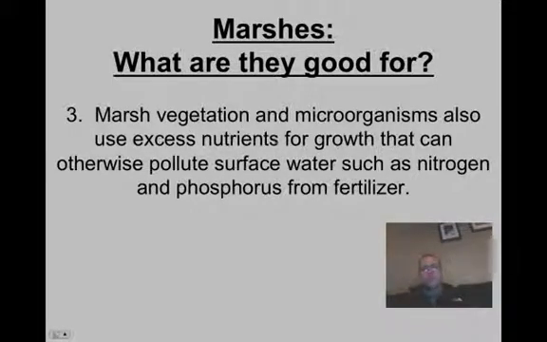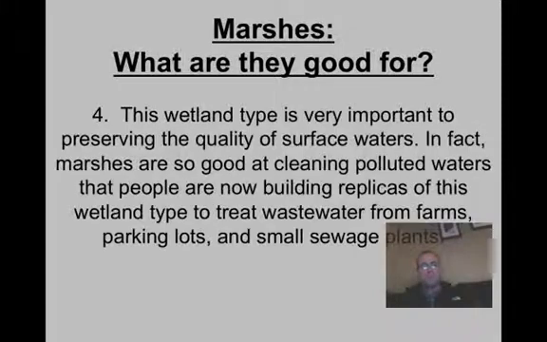So again here, the vegetation of microorganisms can filter out excess nutrients, which ultimately can be pollutants, things like phosphorus or nitrates, things we find in fertilizer. We don't need these in our water supply. We get algae blooms and things like that, causing excessive plant growth, and our wetlands are very good for taking that stuff out, filtering it.